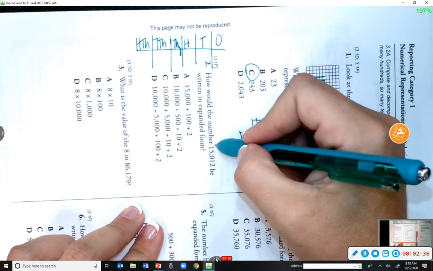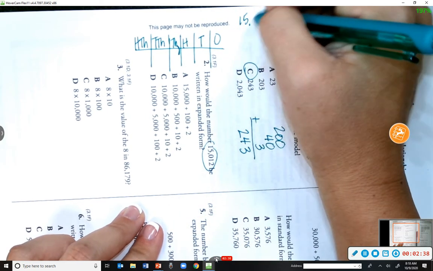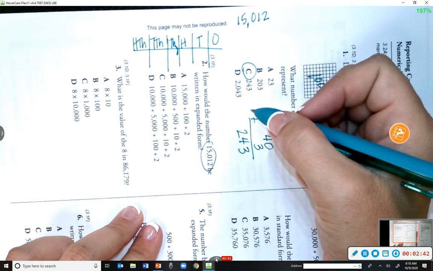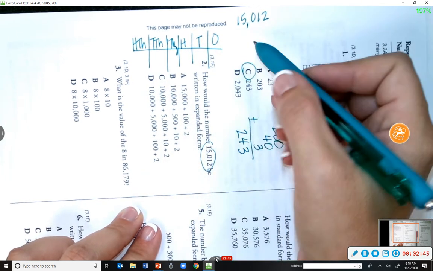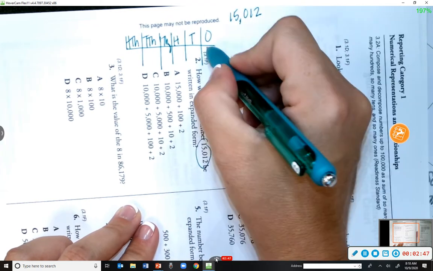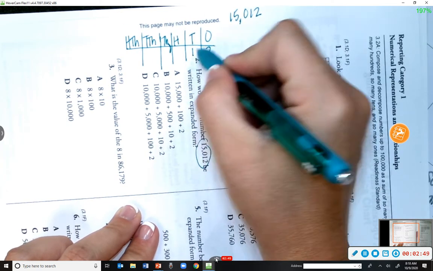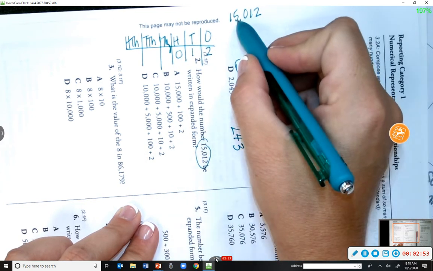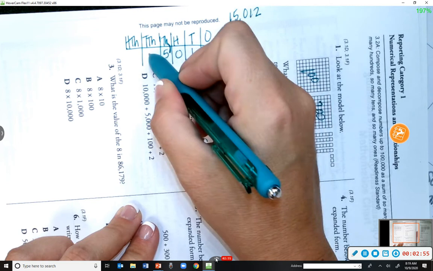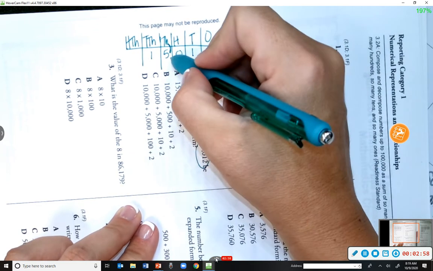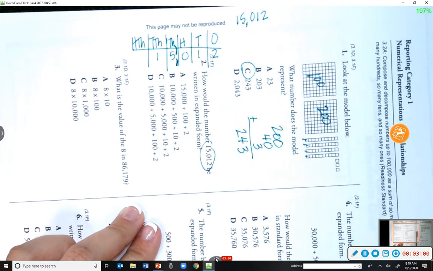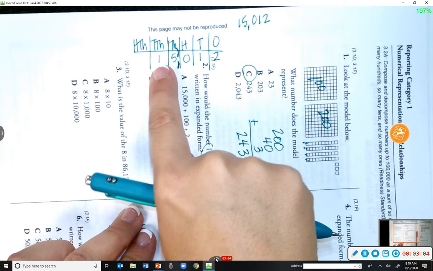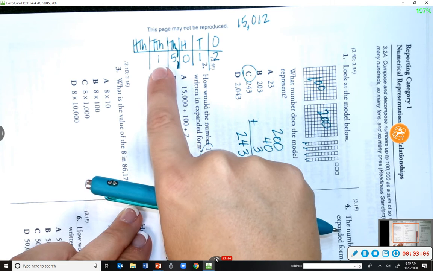Now I'm going to take this number, 15,012, plug it in my chart, going right to left. Okay, so the 2 goes in the ones, 1 in the tens, 0 in the hundreds, 5 comes next, and then a 1. Now I'm going to look at the left side and the greatest digit.